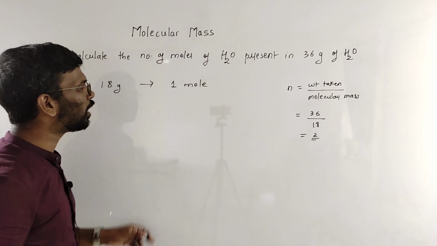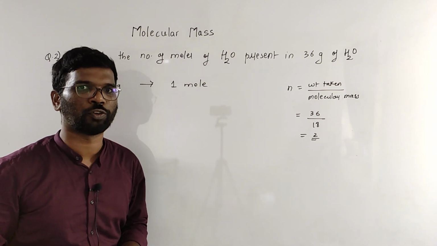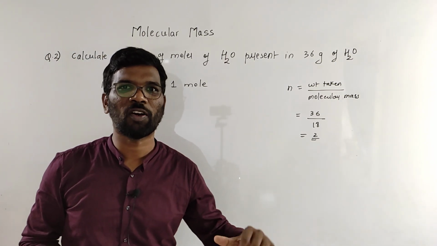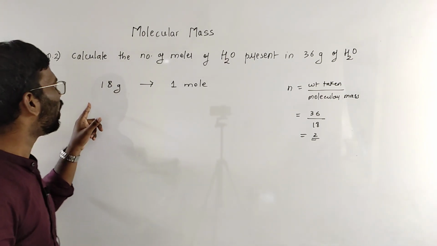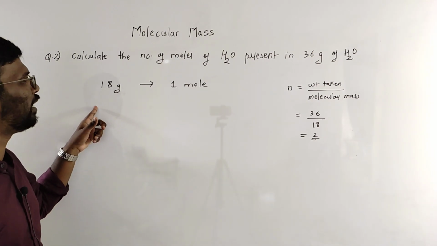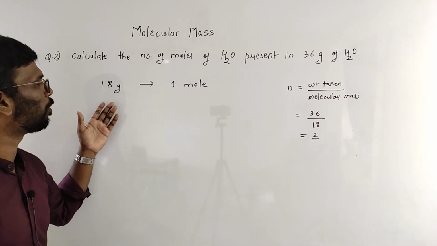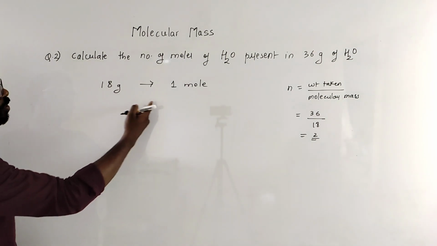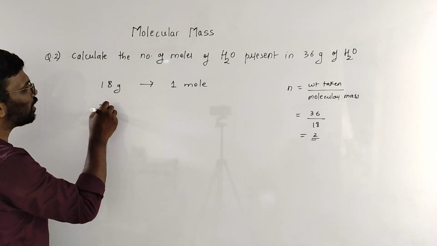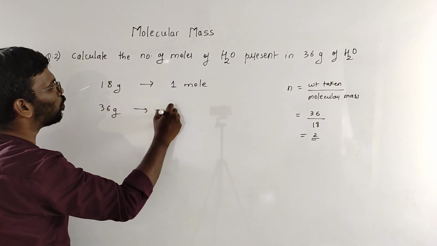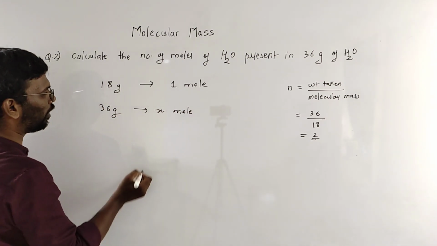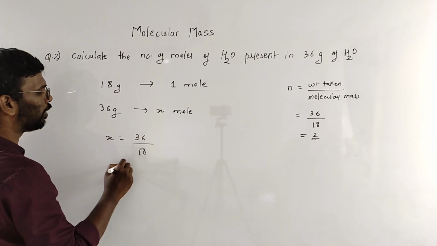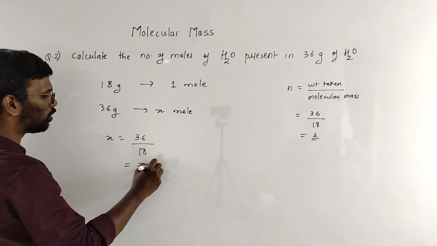In the last question I was writing 6.02 into 10 to 23 because I wanted to find the number of molecules. Now I am just finding moles, so I equate it to 1 mole because 18 grams per mole is the molar mass. So 18 gram is equal to 1 mole. So 36 gram will be equal to X mole. X is equal to 36 divided by 18, which is equal to 2 moles.